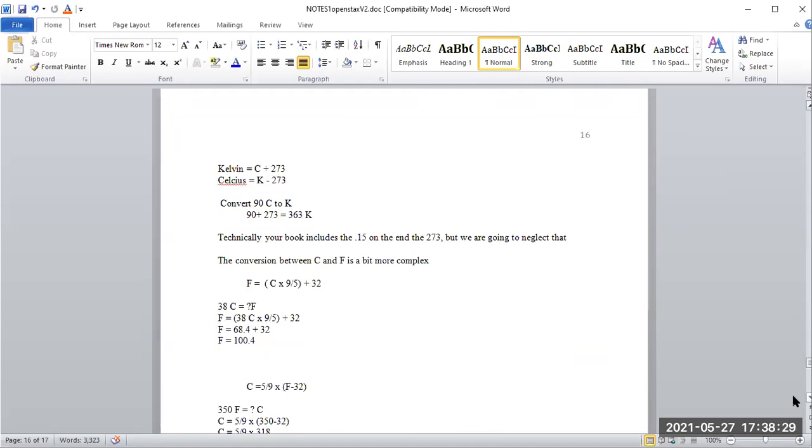If I have 38 Celsius, it feels like it's hotter than 38 Celsius outside today. And I want to figure out what that is in Fahrenheit. I'm going to multiply by 9/5, and that has to be the first step before I add 32. And that will give me 100.4.